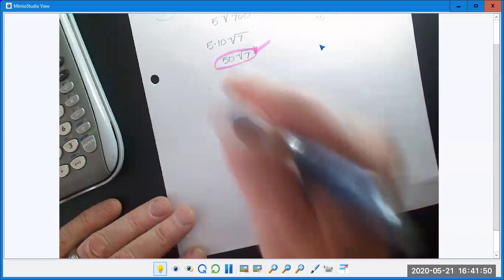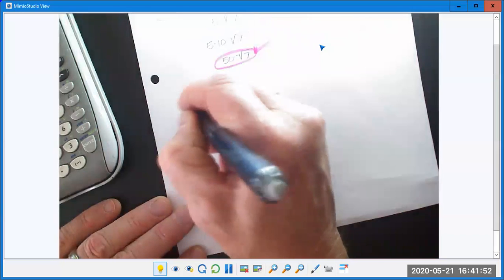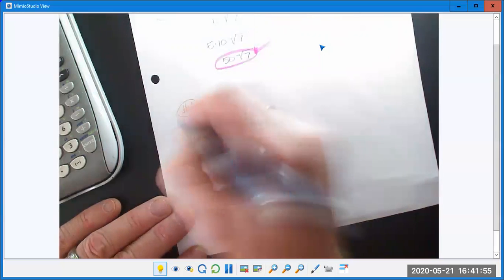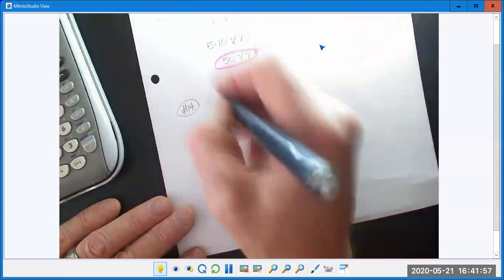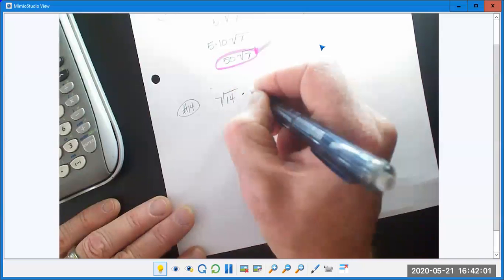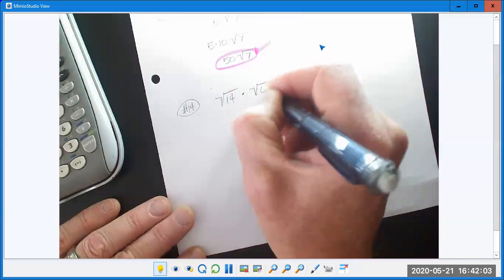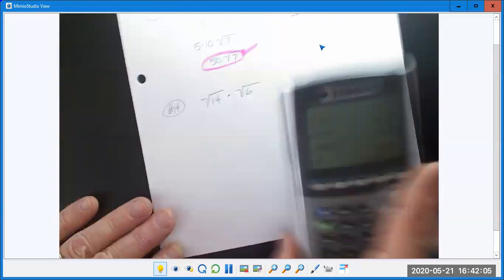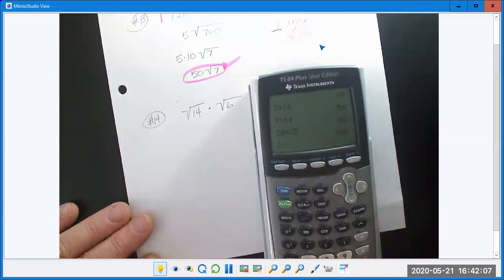All right, and finally number 14, and that'll finish up this homework review of simplifying radicals. Radical 14 times radical 6. 14 times 6 is 84.